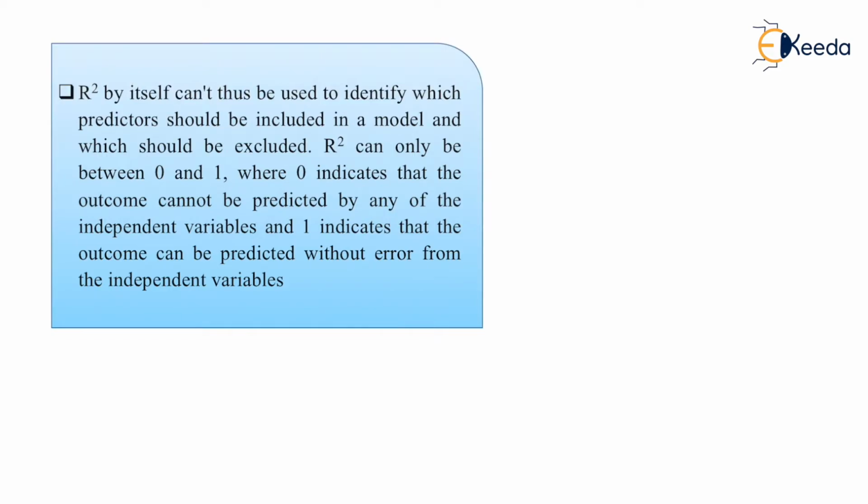R squared by itself cannot be used to identify which predictors should be included in a model and which should be excluded. R squared can only be between 0 and 1, where 0 indicates the outcome cannot be predicted by any of the independent variables and 1 indicates that the outcome can be predicted without error from the independent variables.